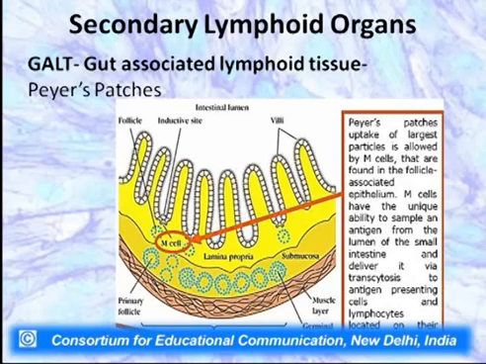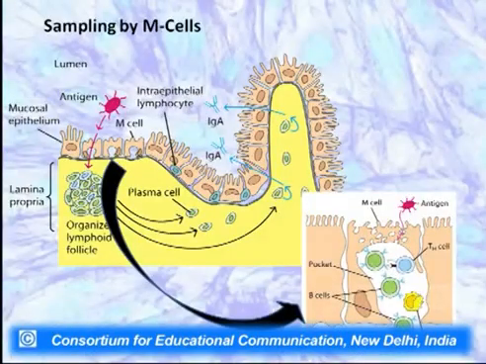This M cell has the unique ability to sample an antigen from the lumen of the small intestine and deliver it via transcytosis to APCs and lymphocytes on the basolateral side. As you can see, this is exactly what is happening in the M cell sampling process. The M cell takes up an antigen, brings it inside, and once the antigen is brought inside, it is taken care of by the lymphocyte.